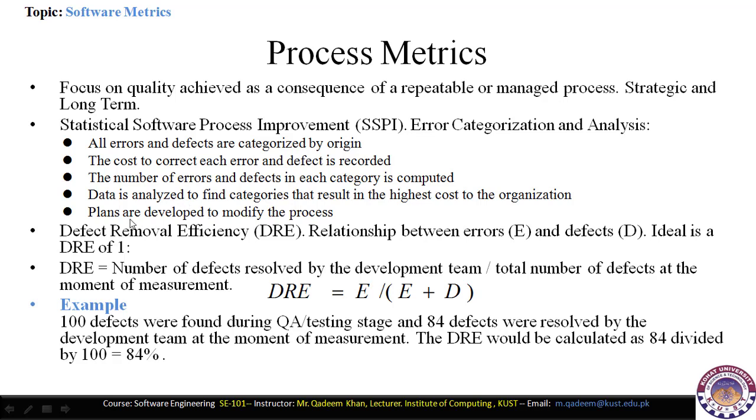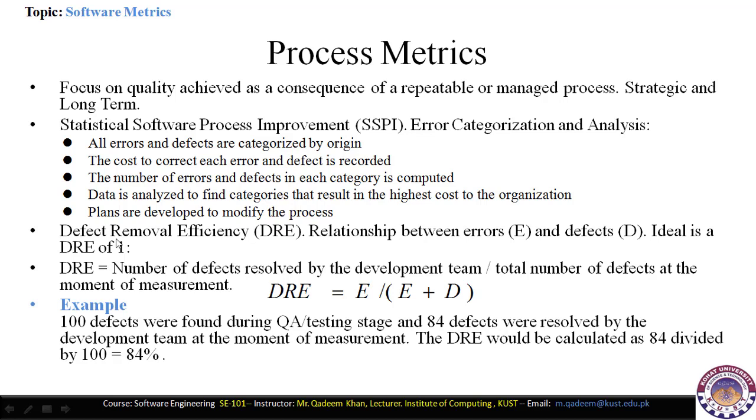Next we will plan which will be used to modify the process. So here we will develop different plans to modify the process, meaning that if in a future project these errors and defects are identified or they occur, then we have an advanced strategy or planning to handle these issues.